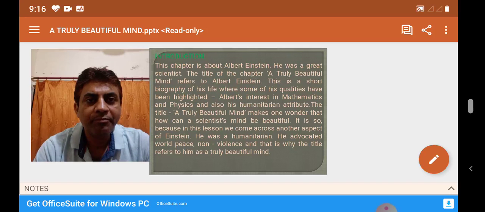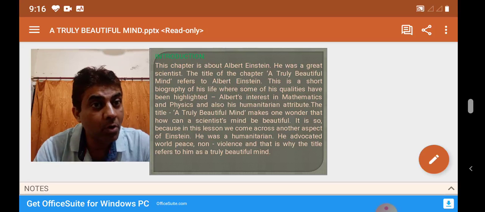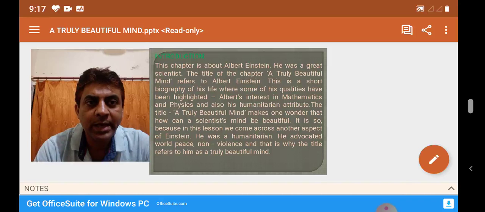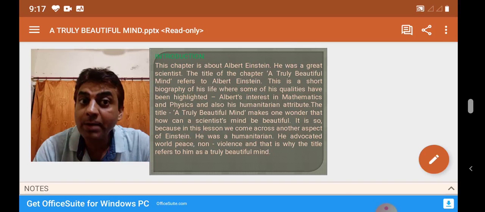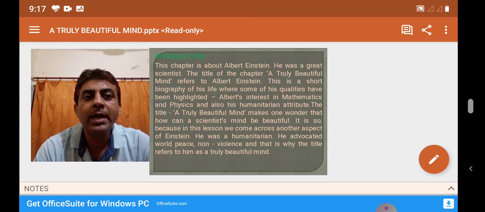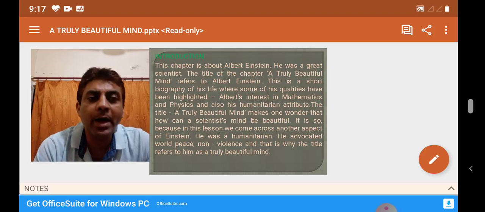The title, A Truly Beautiful Mind, makes one wonder how a scientist's mind can be beautiful. It is so because in this lesson we come across another aspect of Einstein. He was a humanitarian. He advocated world peace and non-violence, and that is why the title refers to him as a truly beautiful mind.